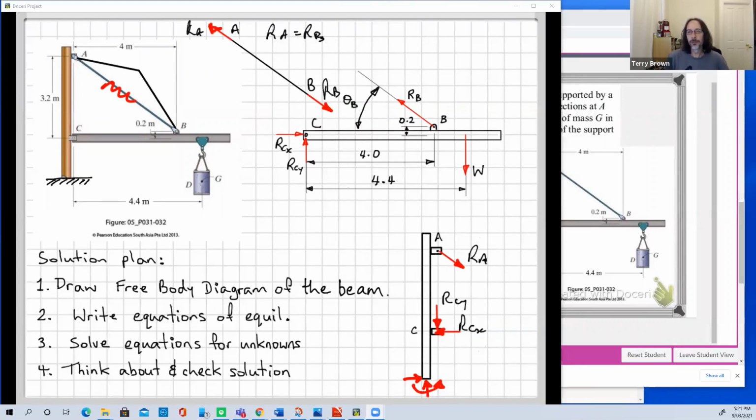Right, if I redraw my free body diagrams, so if I now copy and paste this over here, that's now my component AB. So it's not straight anymore.